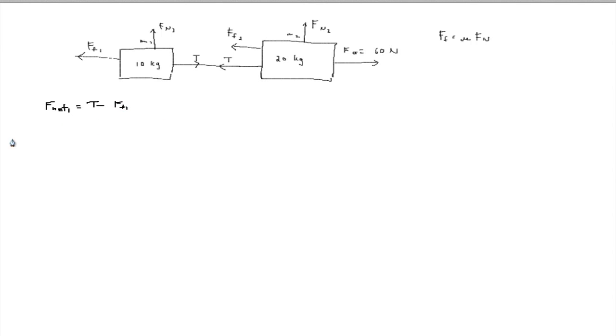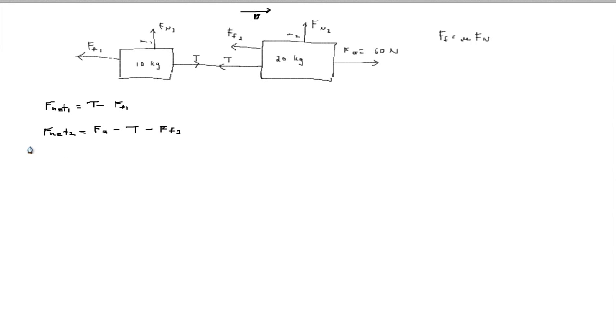And for mass 2, we say F net 2 is equal to the applied force. And remember, we'll do a reference point. We'll say that going to the right is our positive direction, okay? So for F net 2, our applied force minus tension minus force due to friction on mass 2.